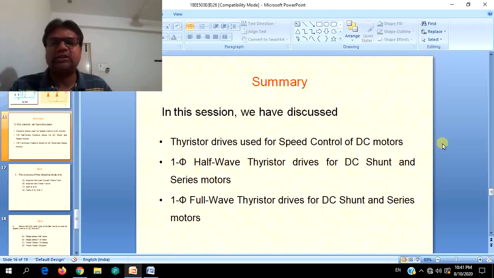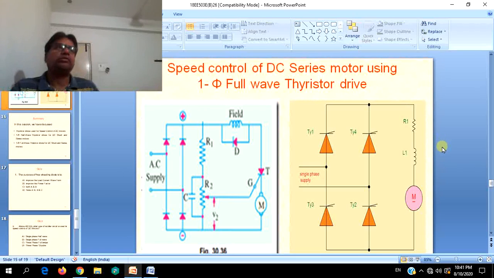So these are the concepts which are generally followed for the speed control of DC shunt motors as well as series motors. When it comes to series motors, the field control method is again difficult. In case of shunt motor, it was simple. Just by varying the field flux, by increasing variable resistance, or by connecting an SCR and controlling the firing angle, you can change that.